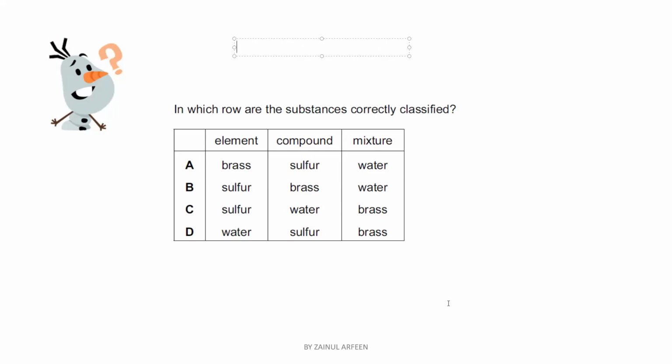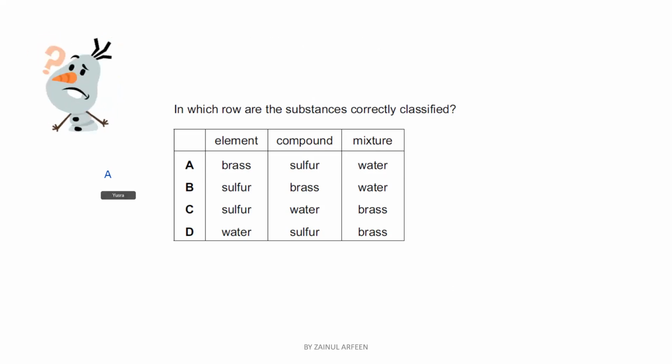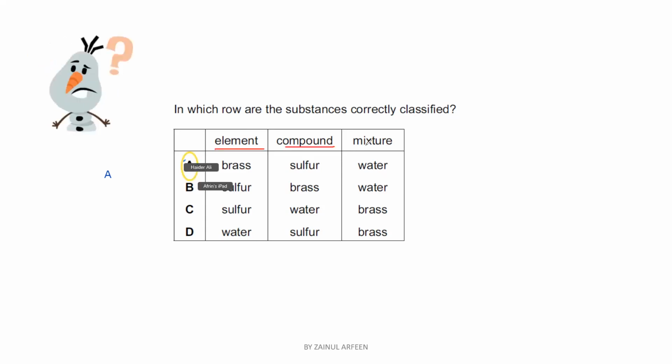Compound is one in which there is a chemical combination. Brass is in the columns. Which column is correct? You have element, you have compound, and you have mixture. So which one? Element. Element means in which all the atoms are identical.